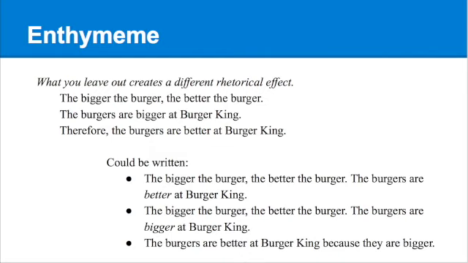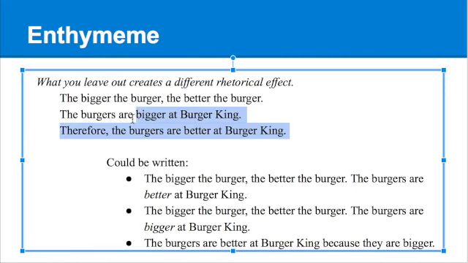So here we have our Burger King syllogism. Bigger is better. Burgers at Burger King are bigger, so the burgers are better at Burger King, right? Time to get your B's today. We're going to say lots of B's. All right, so we could put this syllogism in enthymeme form, taking out one premise, in three different ways, right?